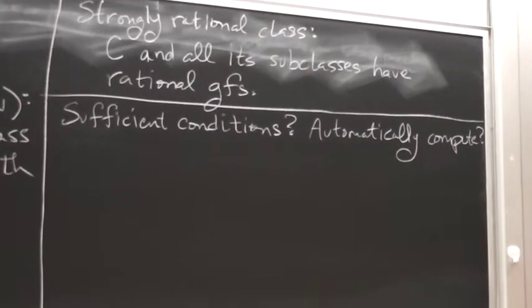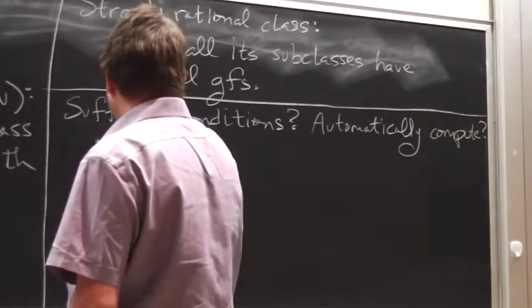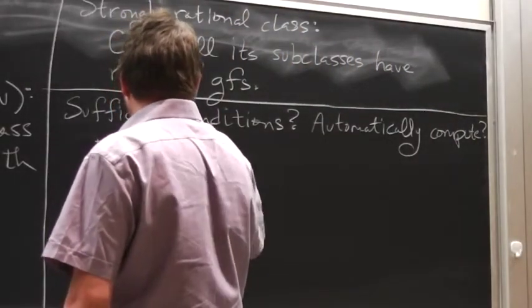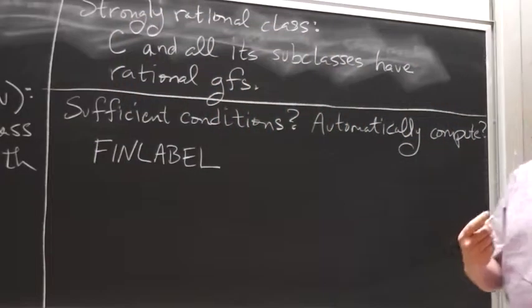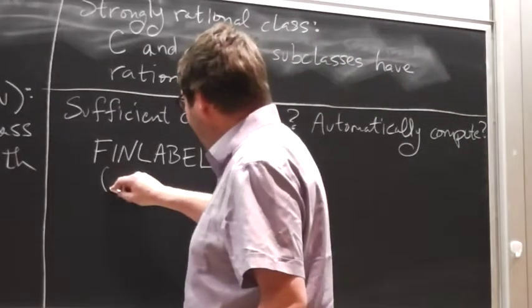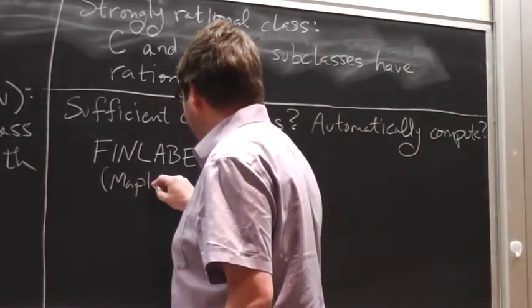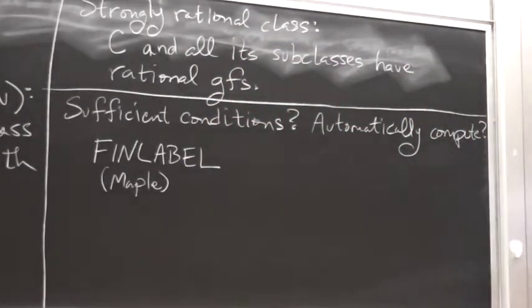Well, there's a few tools. One that I worked on when I was a graduate student is this theory of finitely labeled generating trees. It's implemented in a Maple package called finlabel. And it comes with some sufficient conditions for a class to be rational. And if your class meets those conditions, it'll compute that rational generating function for you.